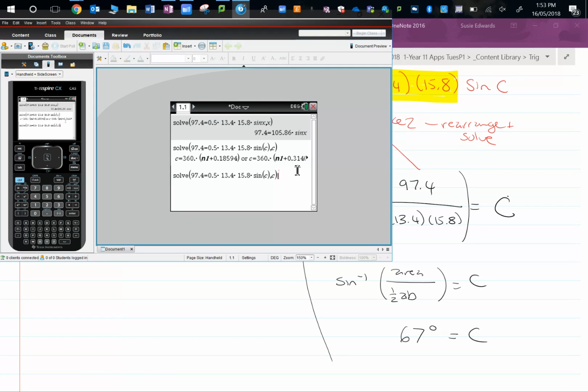Okay. So given that our answer is between 0 and 180, we again use the same button, control equals, to get greater than 0. So C is greater than 0 and C is less than 180.